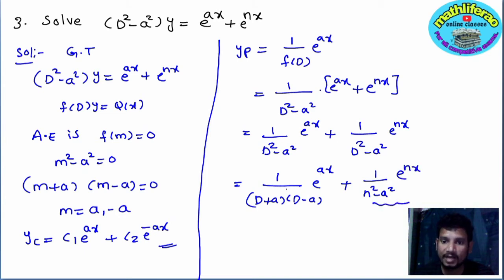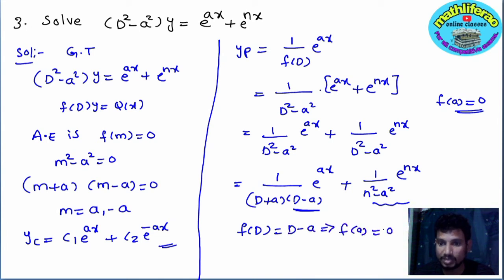So here, if we replace the value of a, the denominator value becomes 0, that is, f of a value is 0. Taking f of d as d minus a, f of a equal to 0. Here, taking phi of d equal to d plus a, phi of a is not equal to 0.